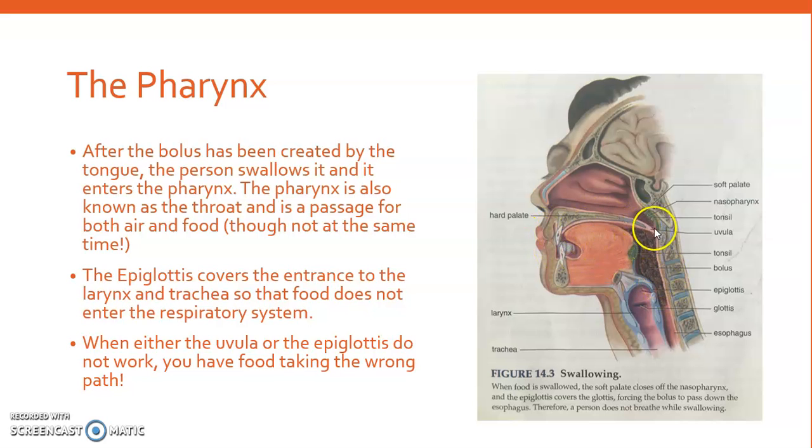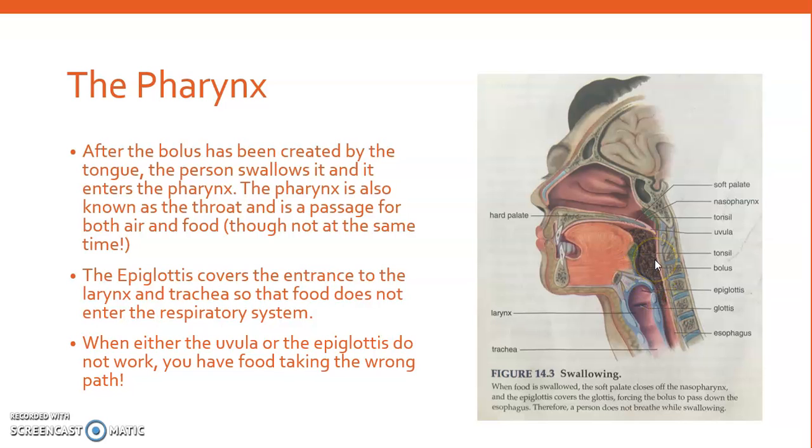So we had the uvula block the nasal cavity, or the nasopharynx, which is what it's labeled as here. So the uvula comes, blocks there. The epiglottis folds up and blocks the larynx and trachea, so no food is getting into the windpipe or into the voice box. So we knew about those, the uvula as well as the epiglottis, from, again, the respiratory unit.